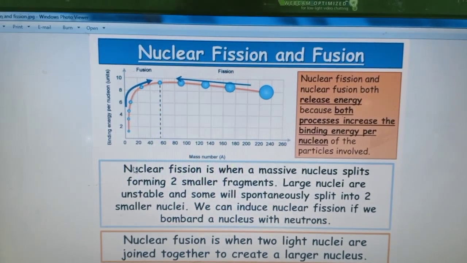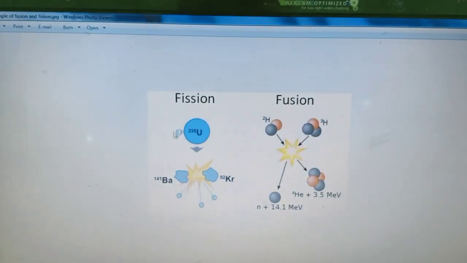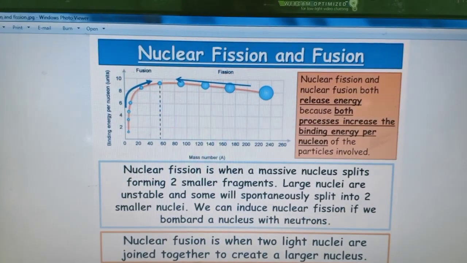This is the definition. Nuclear fission is when a massive nucleus splits, forming two smaller fragments. Large nuclei are unstable, as I've mentioned to you, like the uranium nucleus, and some will spontaneously split into two smaller nuclei. For example, just now, right? Again, uranium becomes barium and also krypton.